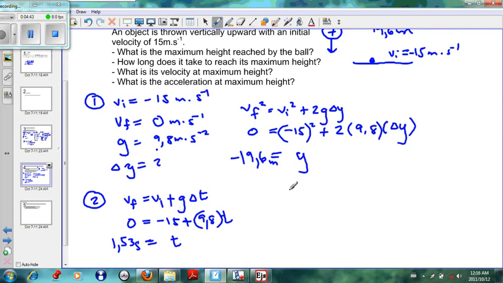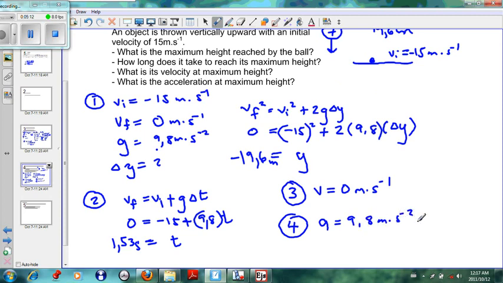What is its velocity at its maximum height? The velocity at maximum height will be 0 meters per second, because it slows down and stops as it reaches its maximum height. But the next question is interesting: what is its acceleration at maximum height? As I mentioned earlier, the acceleration throughout the motion will be 9.8 meters per second squared downwards.